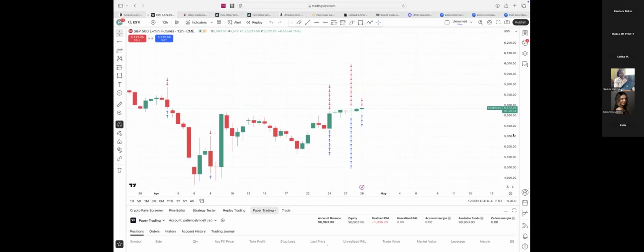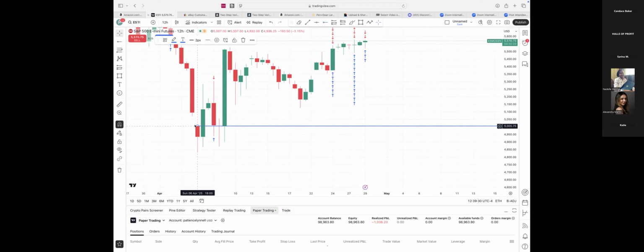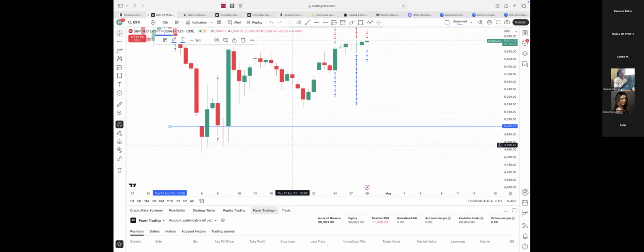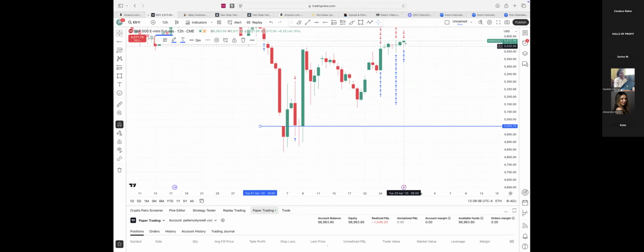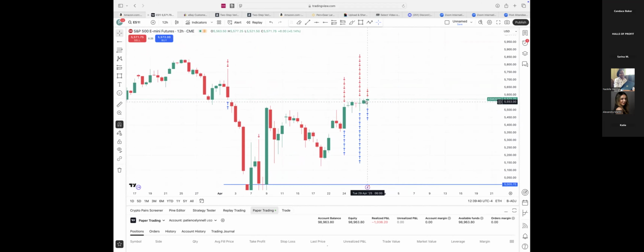I don't particularly use doji demands because they're not indicative of really strong zones. But your question about how far you have to go back: you only have to go back as far as you need to find a level relative to price. So if you look at where price is now, you're up there. I would start where price is sitting currently and kind of walk my candles back.